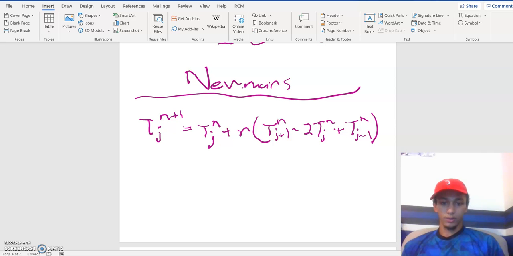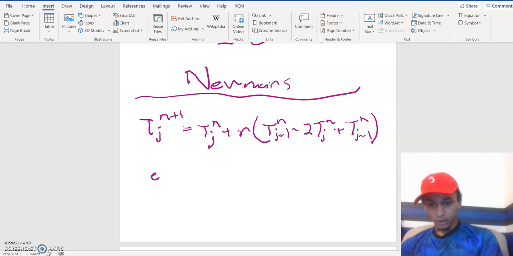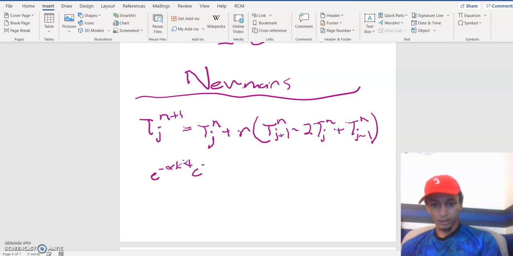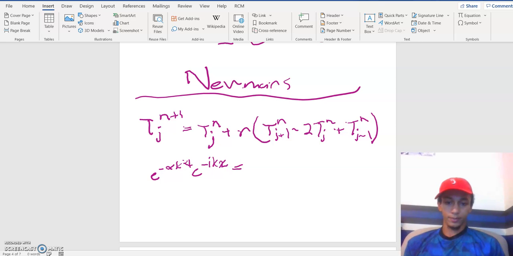And what we know is e to the negative alpha k squared t, e to the ikx determines the stability of the equation.